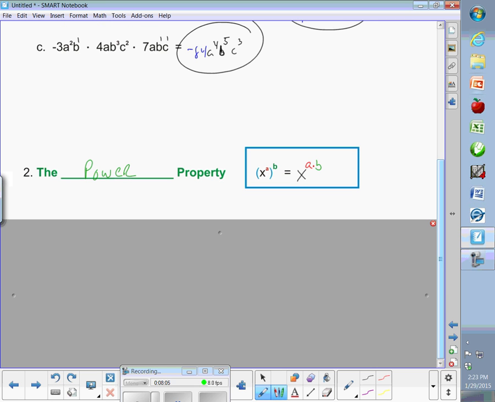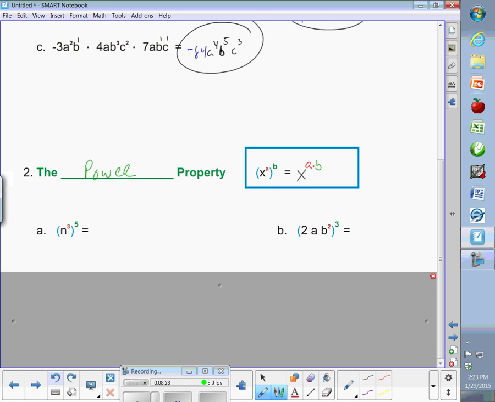What is the key to a problem like this? The key to most situations involving bases and exponents is understanding what the base is. Please understand that this B only applies to the base. The base is what's in parentheses. If you only apply it to the base, you'll be in good shape.